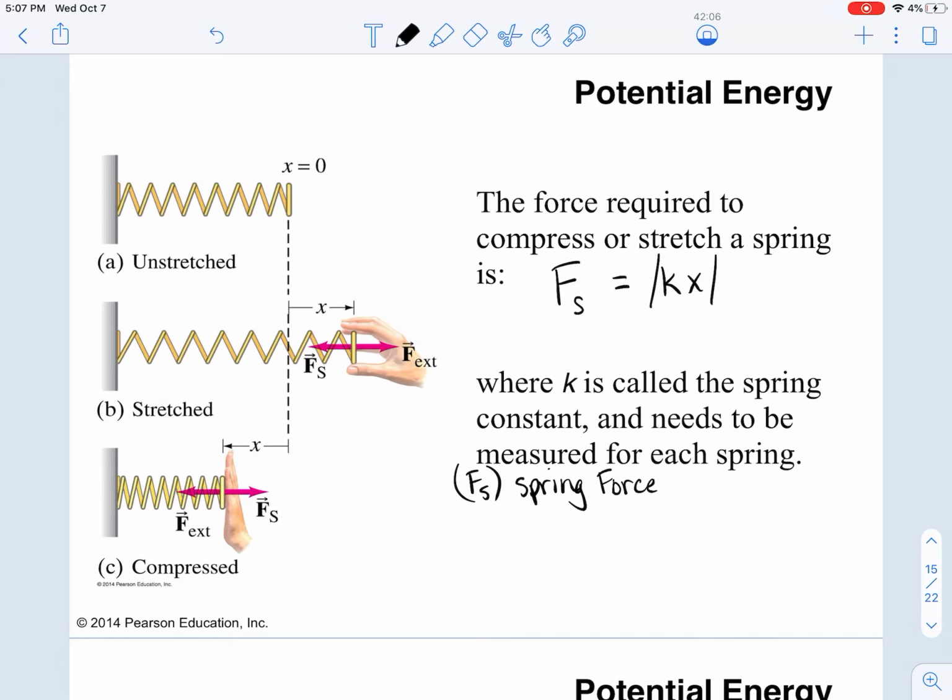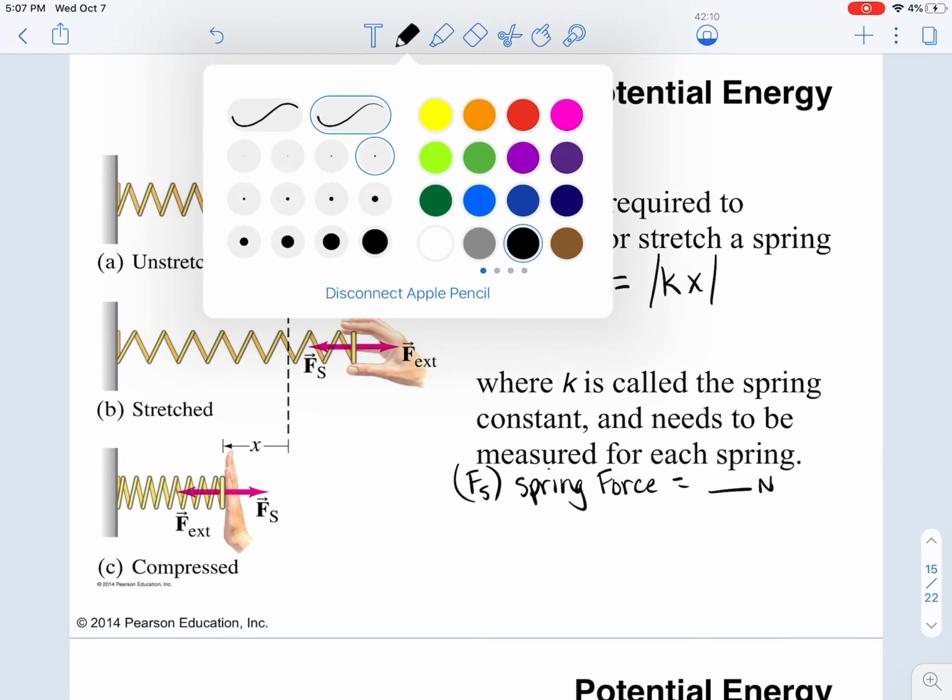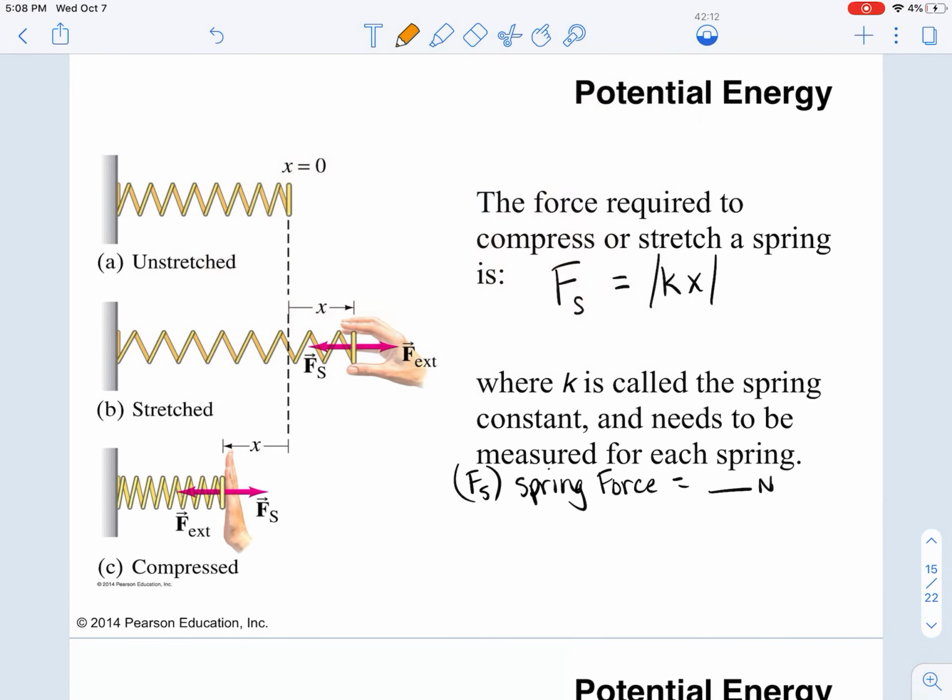And I want to pause right here and make sure that nobody gets confused moving forward. We have talked about frictional forces, which could either be static friction or kinetic friction. These were capital F for force and then a lowercase s for static and a lowercase k for kinetic.